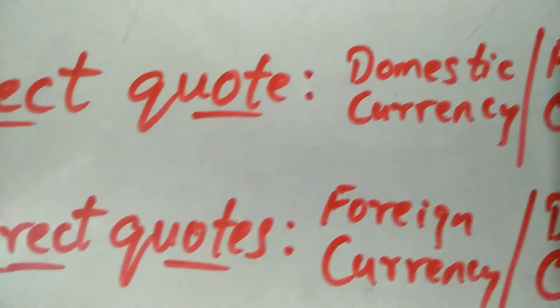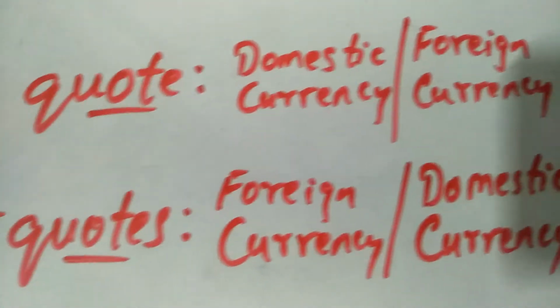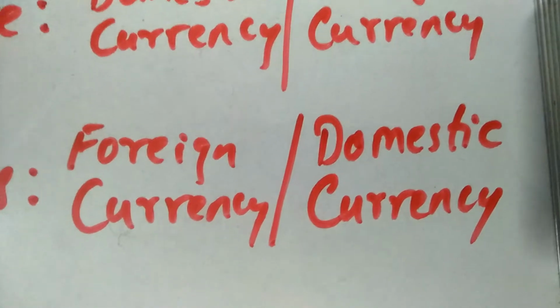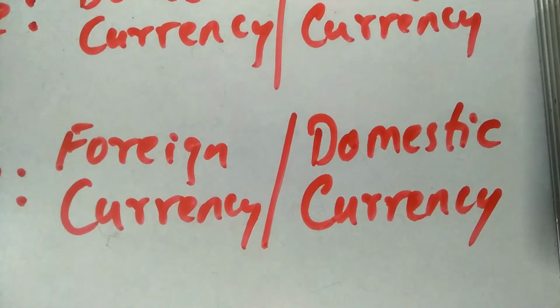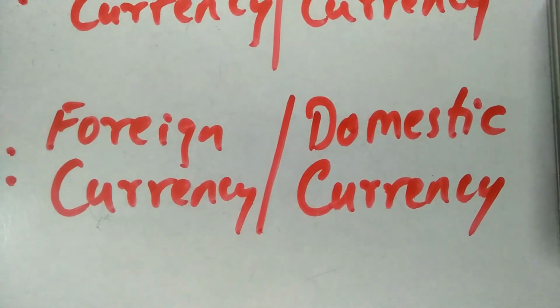Indirect quotes are exactly opposite: foreign currency per unit of domestic currency.